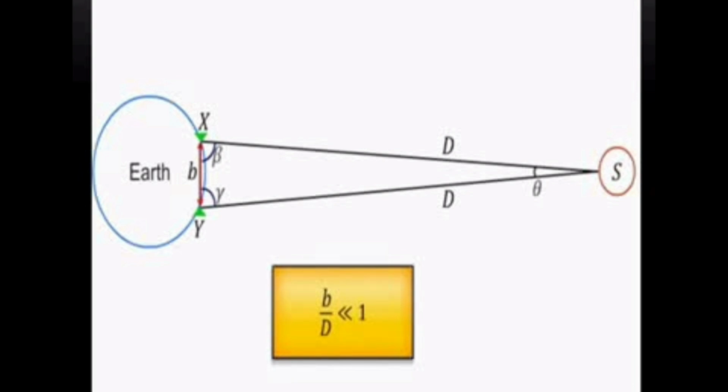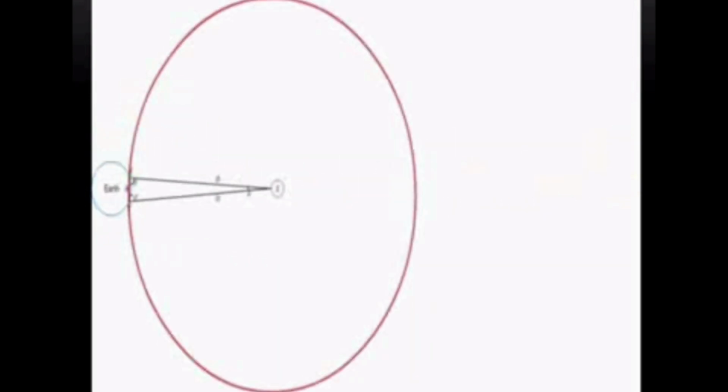So B by d is very, very small, much less than one. So we take the distance d as the radius of a circle, and the distance XY as an arc, or displacement. The central angle is theta.